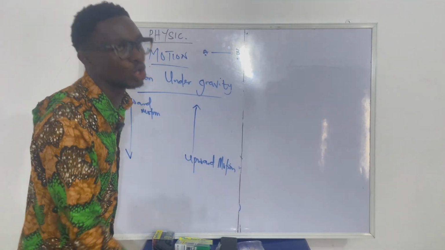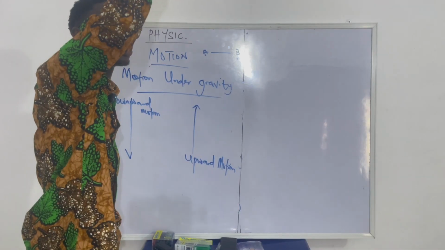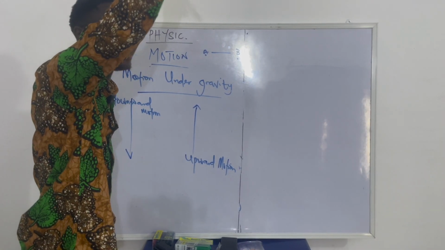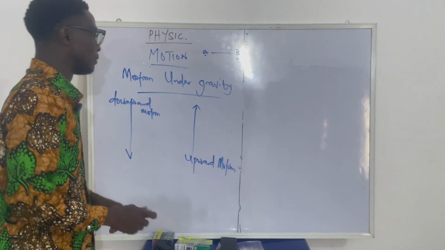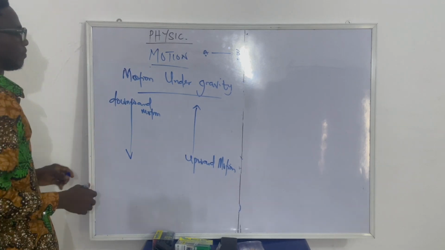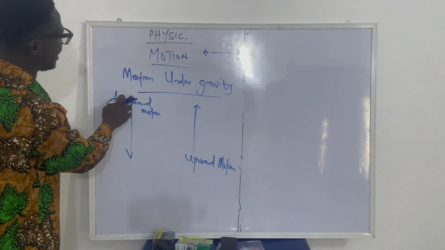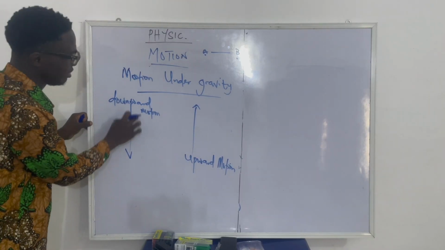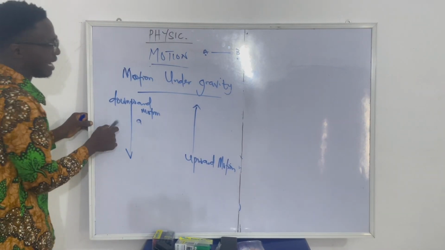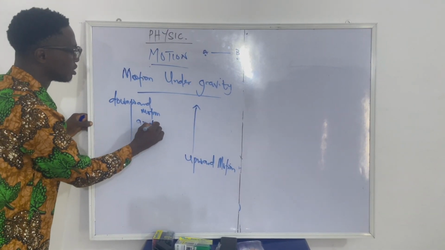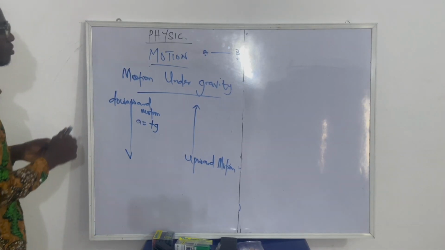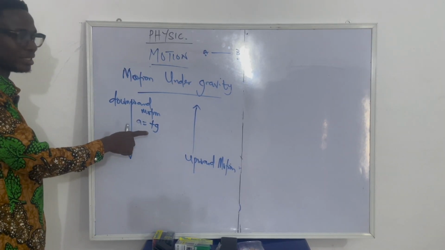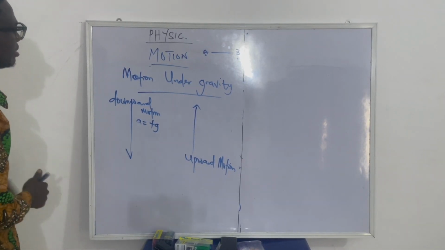That is, if I throw a thing up, when it gets to a maximum point, it drops back. So in downward motion, we said it is done with the aid of gravity. Now, acceleration in this point will now be what? Plus g, which is what? Acceleration due to gravity.